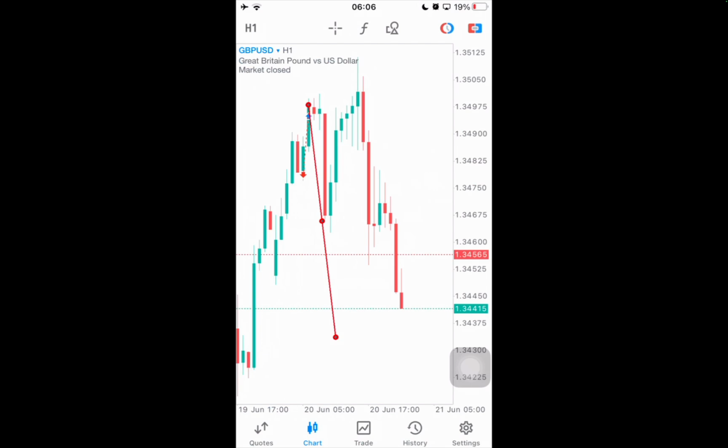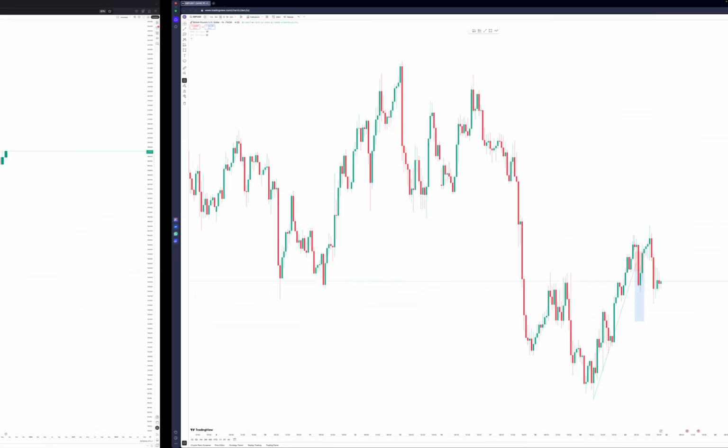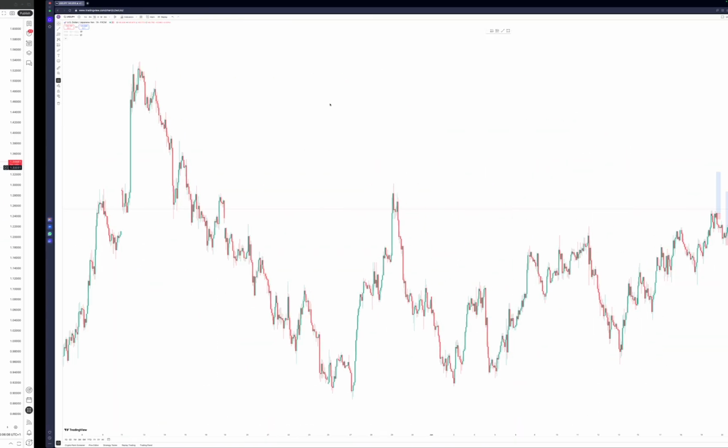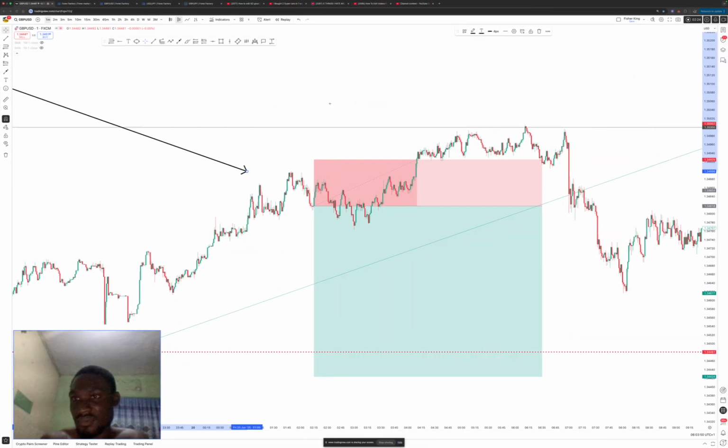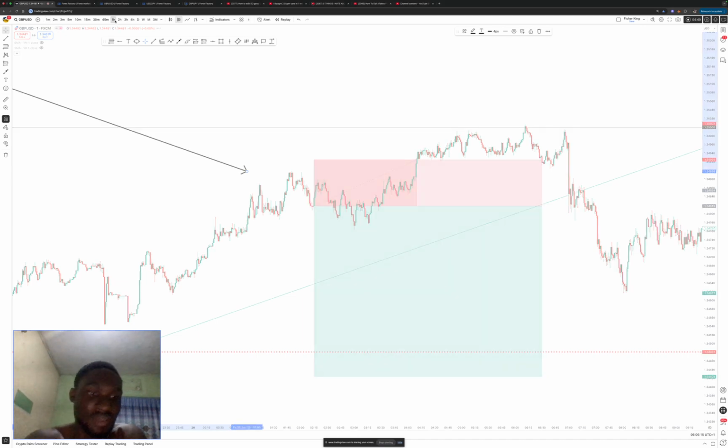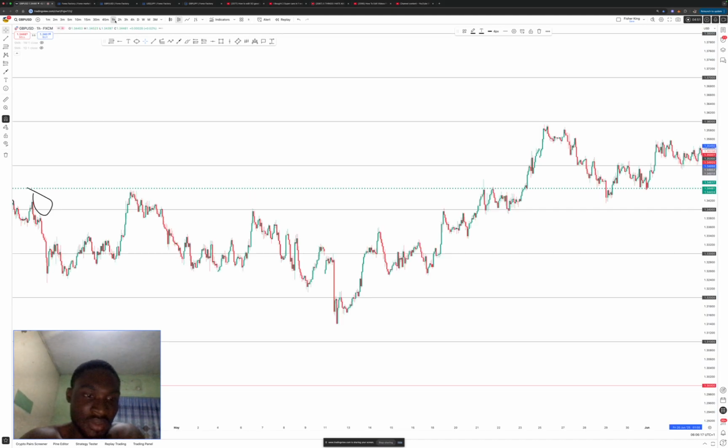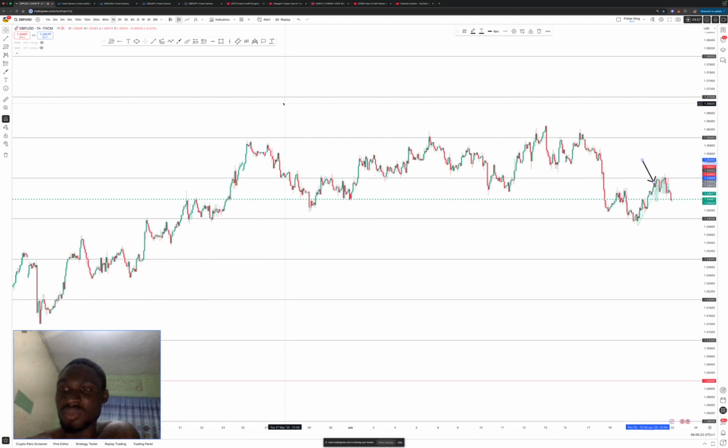I tried putting on the psychological levels, as you can see here, using 1 month, 1 day, and 1 hour instead. You can see all the psychological levels have drawn up.